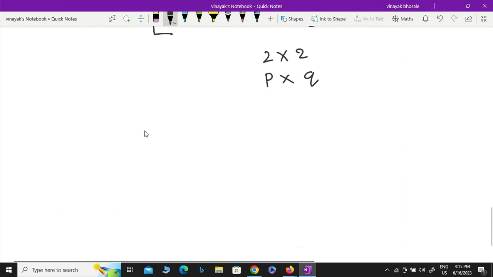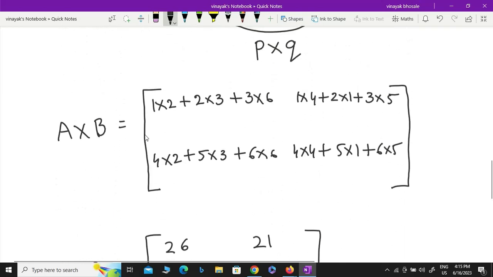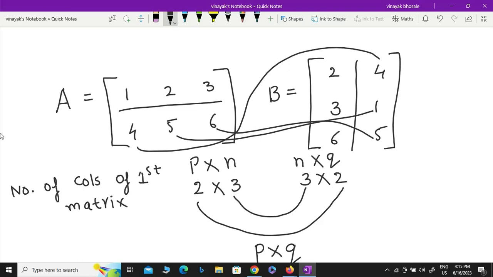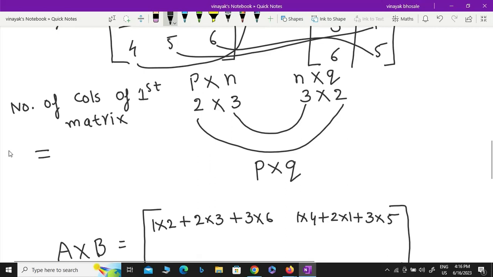Okay, matrix multiplication is only possible if the number of columns of the first matrix is equal to the number of rows of the second matrix.